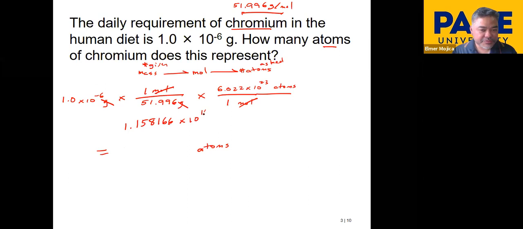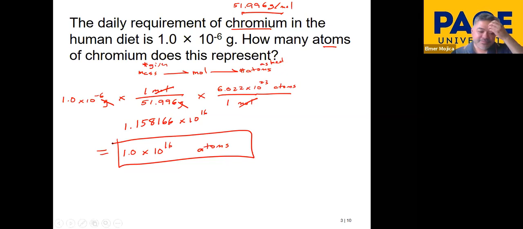But you don't usually need to write everything. You have to follow the rules of significant figures. So, any questions? Are we good? Still with me?